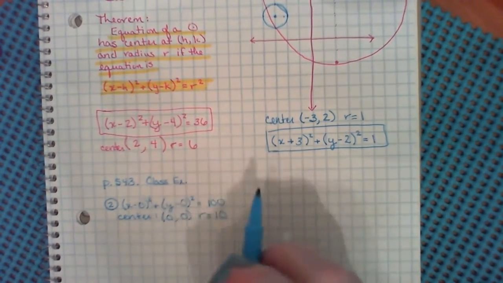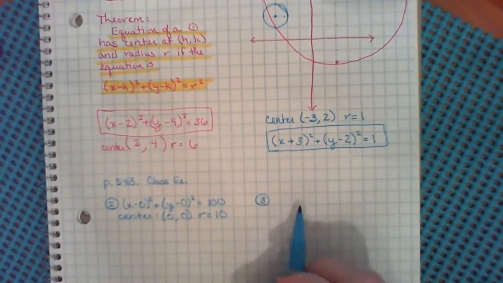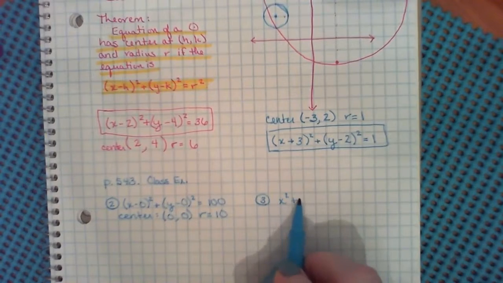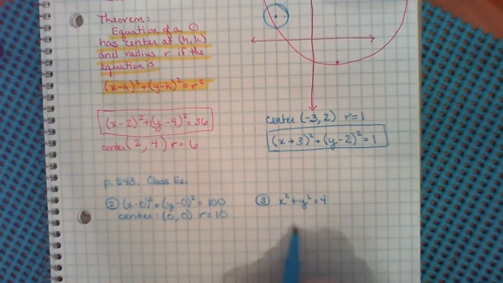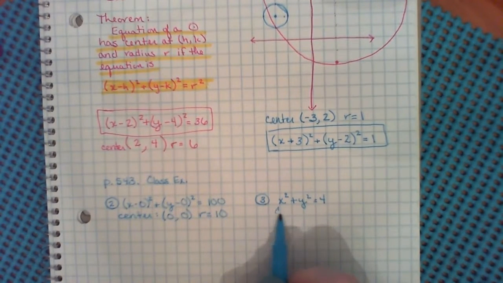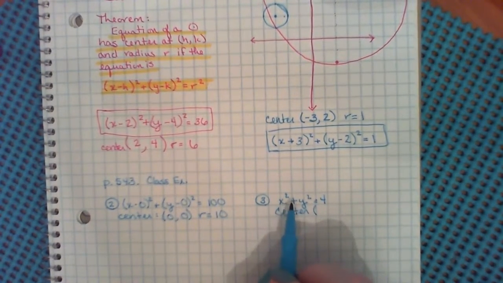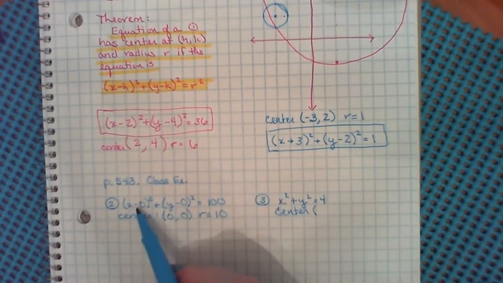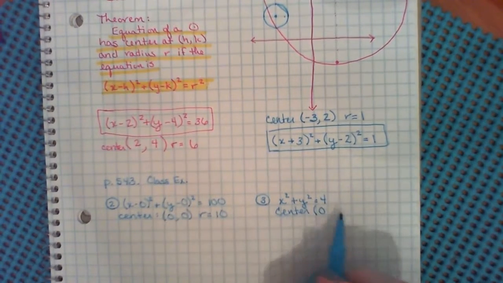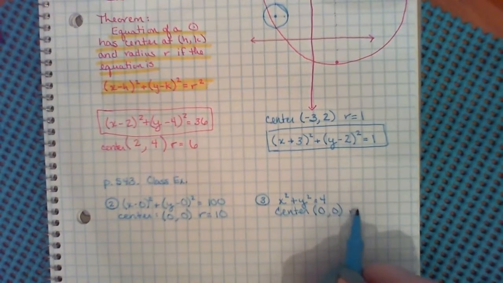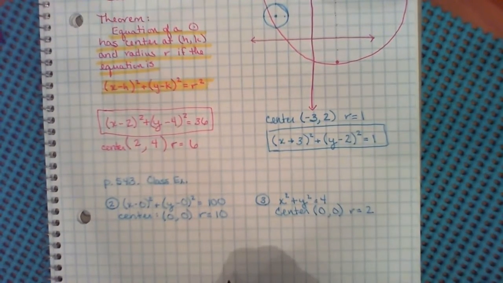For number 3, it has x squared plus y squared is equal to 4. This one doesn't have anything subtracted from it, so that's the same thing as it looking like this over here. So my center is going to be at (0, 0), and my radius is going to equal 2, because the square root of 4 is 2.